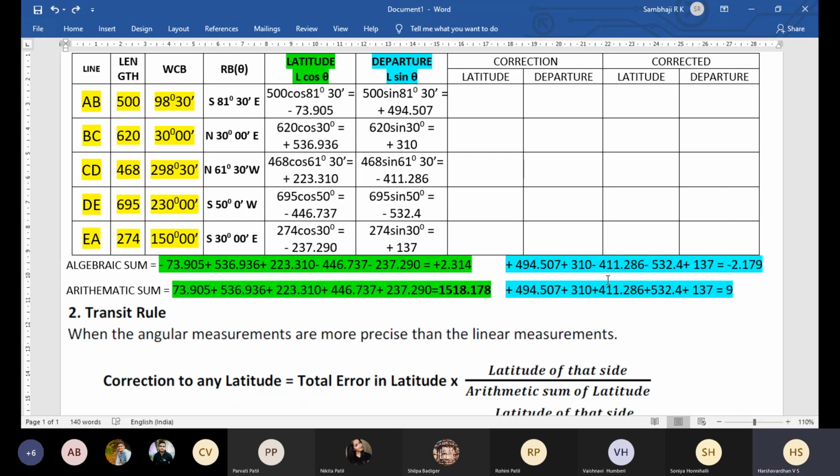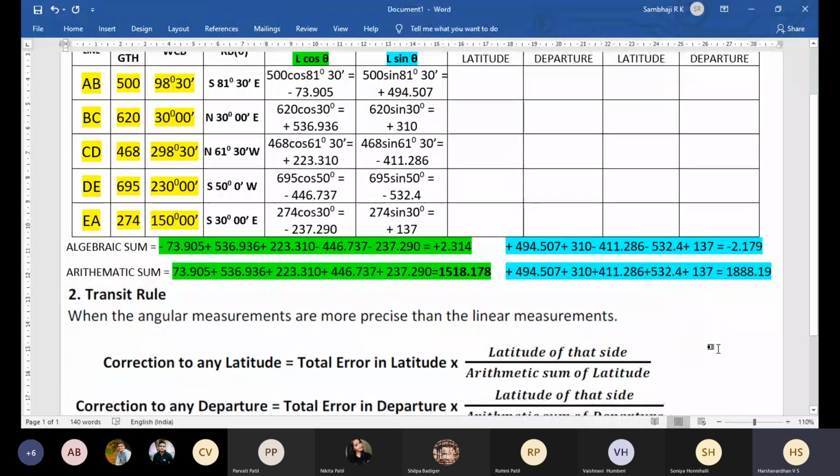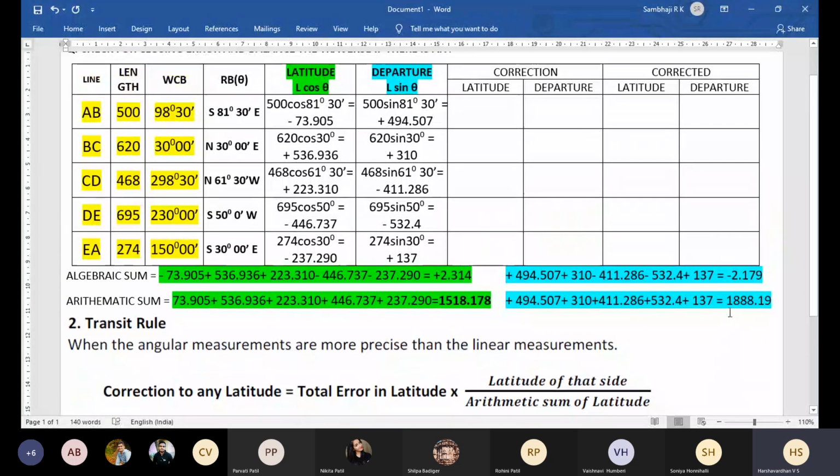What is the answer? 494.507 plus 310 plus 411.286 plus 532.4 plus 137.